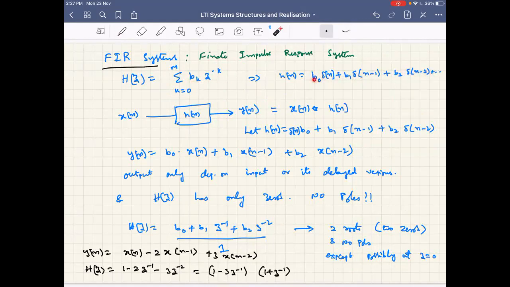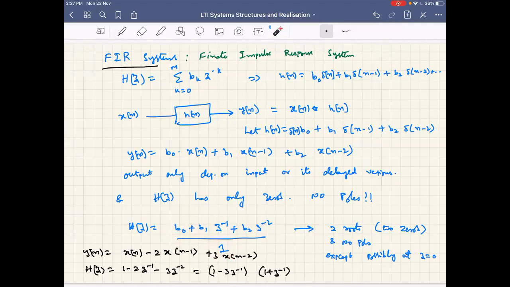Hence the name finite impulse response systems. The denominator here is 1, and it has no poles, only zeros, except possibly at z equal to 0 or z equal to infinity, which depends upon z terms in the numerator and denominator.